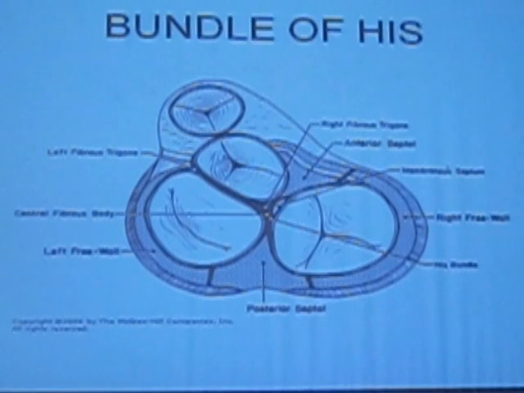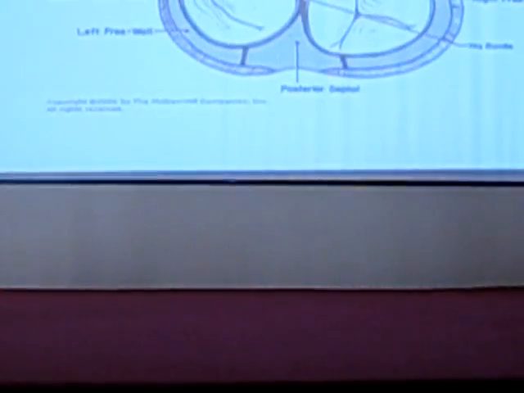Regarding the site for the AV node, you know that the fibrous skeleton of the heart has the mitral valve, tricuspid valve, aortic and pulmonary valves. This is the cross section. In it we have the left fibrous trigone, this is the site, and this is the site for the right fibrous trigone.